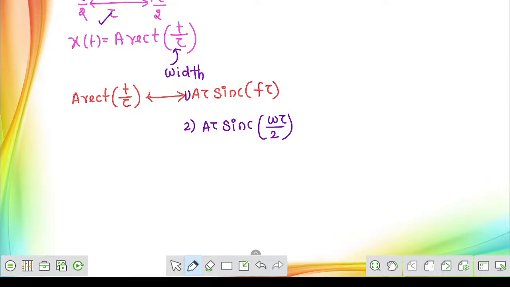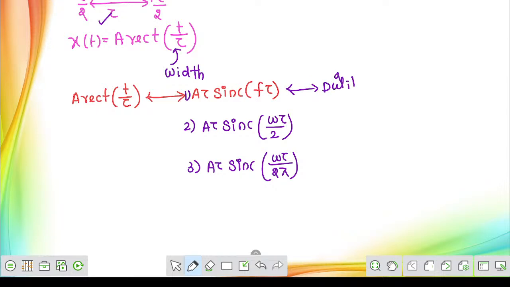And the third way of representation of this signal will be A into tau into sinc of omega times tau upon 2 times pi. So there are three most general ways in which you can easily define the rectangular function in its corresponding Fourier transform. After that, please practice to apply duality for this.